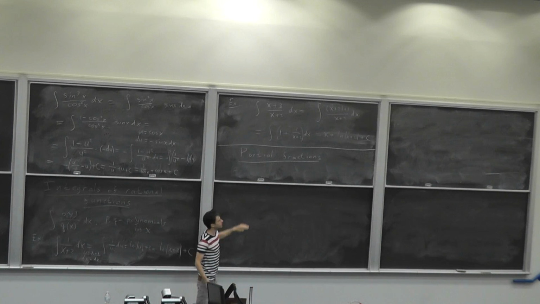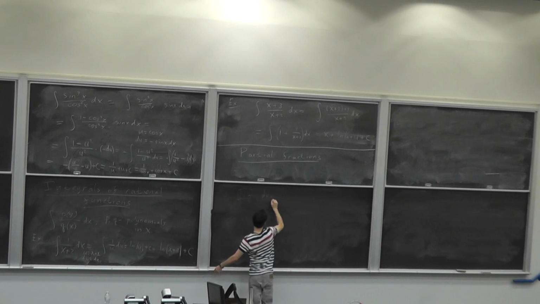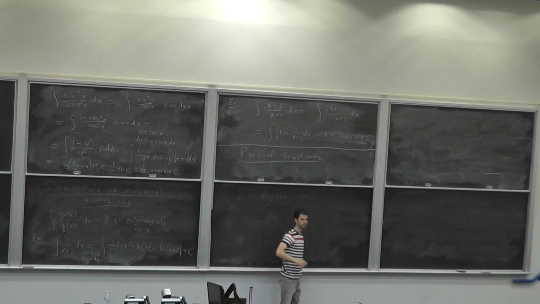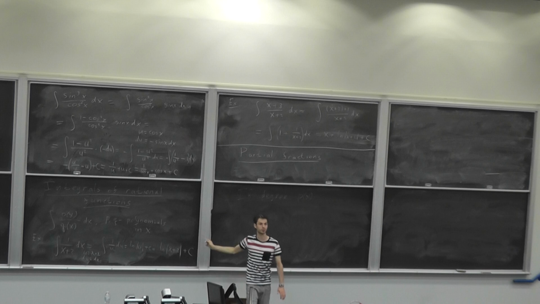So what are those? The idea is, so here's the fact. If the degree of the numerator, the degree is the highest power of x which appears in the numerator. So here it was 0 because it's 1 times x to the power 0.